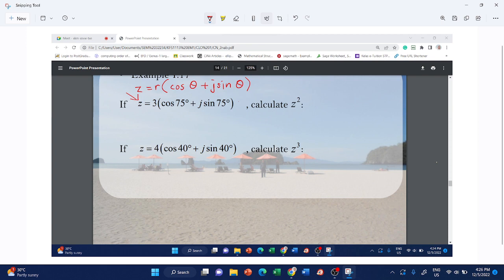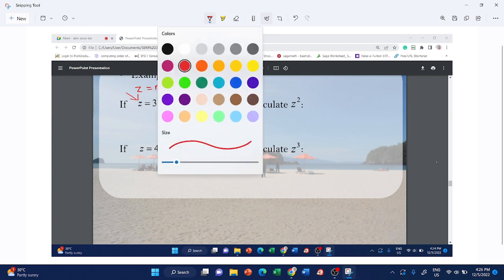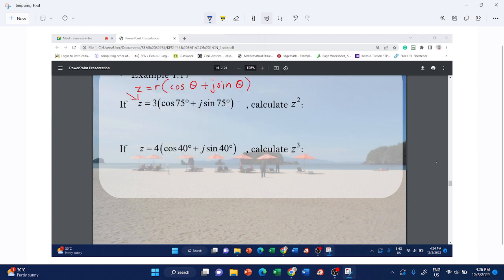Sometimes your angle can be represented in radians. One way is to use the conversion from degrees to radians, such that pi radians is 180 degrees.